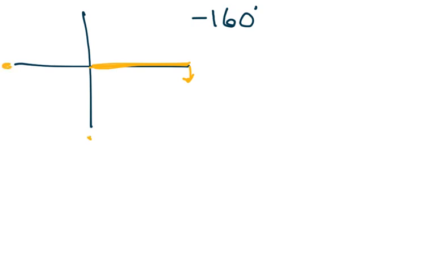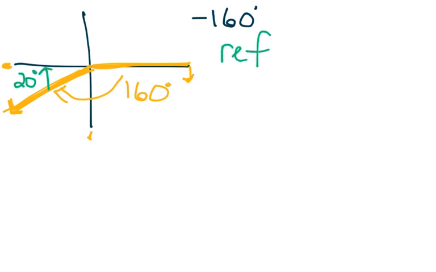So it's going to be 70 past here, which will be basically here. Not quite. That means this is 160. And so to get to the x-axis is going to be another 20. And so my reference angle is 20 degrees.